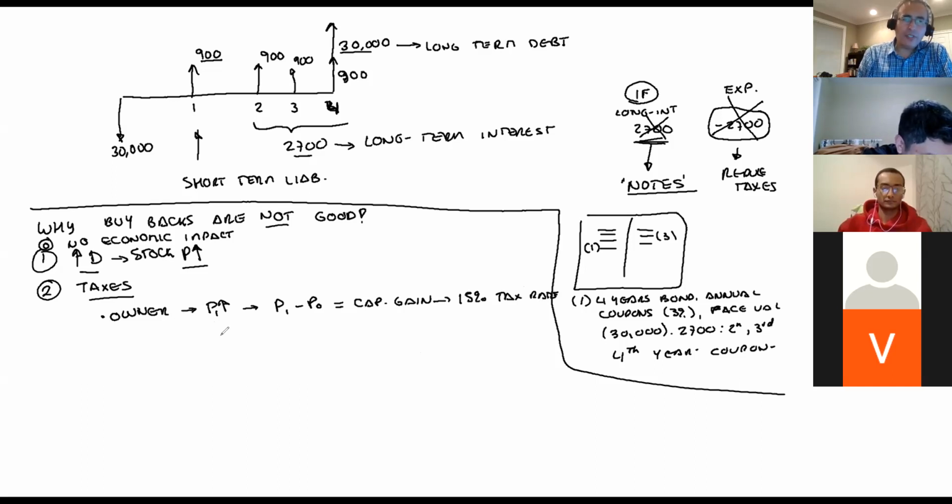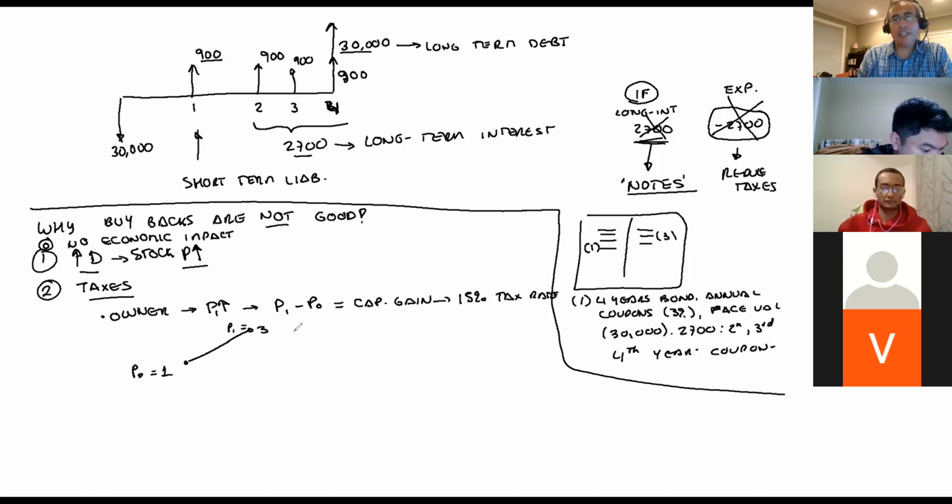Now, what happens if the price increases by a lot? Imagine that I buy at 1, and then the price goes to 3. So this is P0, and this is P1.